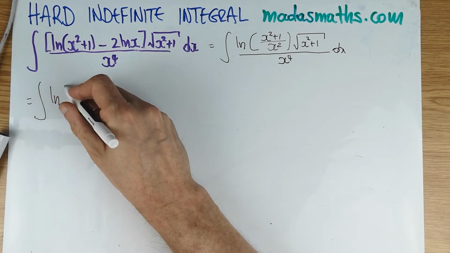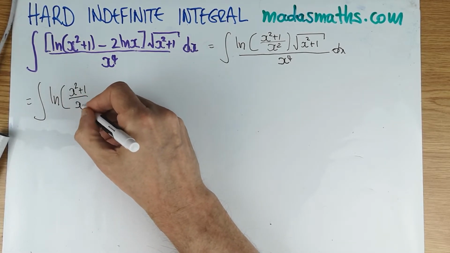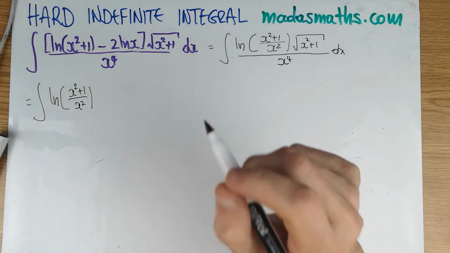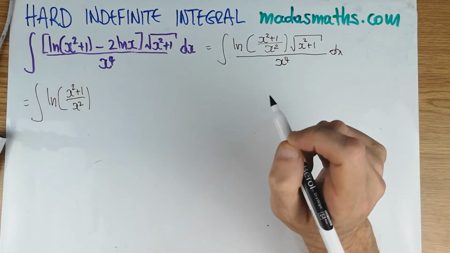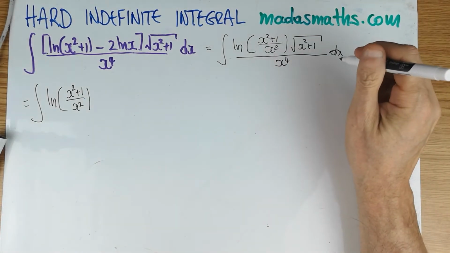Log of x squared plus 1 over x squared. You've got to excuse my cough. You have to bear with it, and I obviously have to bear with it, or I don't record any videos anymore. It doesn't look like this will go away.